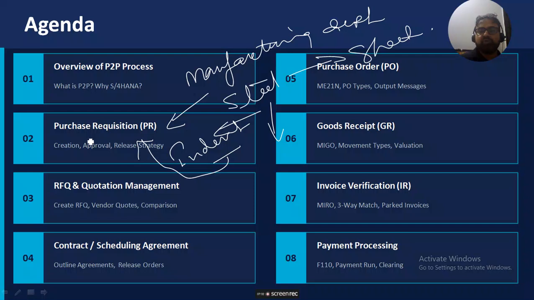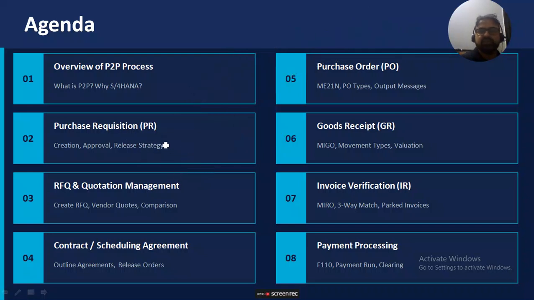So first of all, you will have to raise the requirement. What is the requirement? Steel sheet. And for which plant?